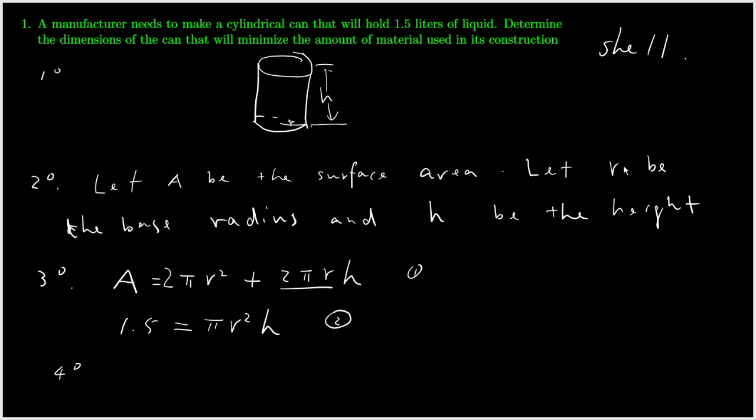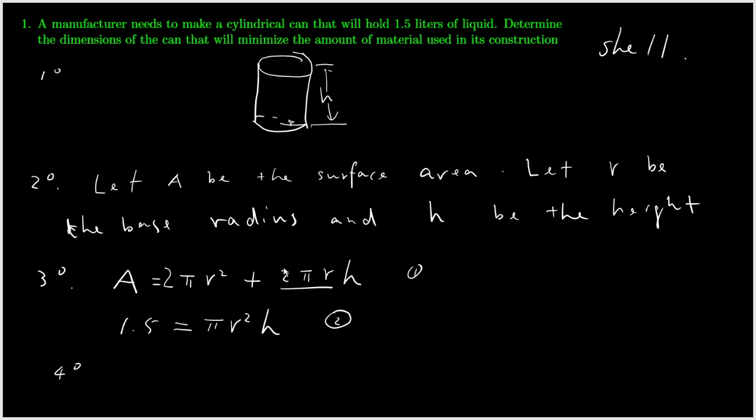Because in equation 2, it's easier to solve the equation for H. By that I mean it's easier if we write H in terms of R, because we do not have to take the square root. That's how we can write A as a function of only one variable R. I will show you the details.